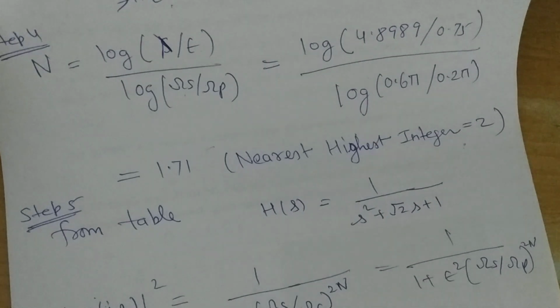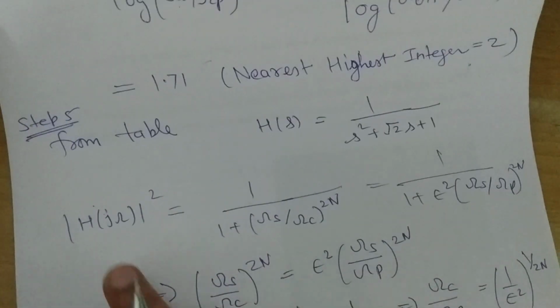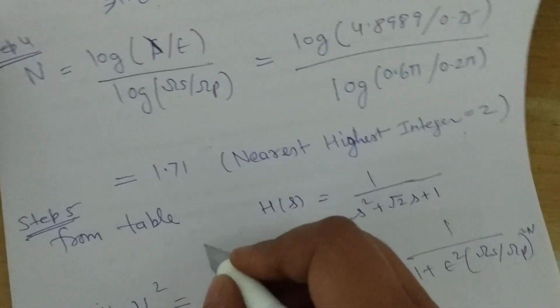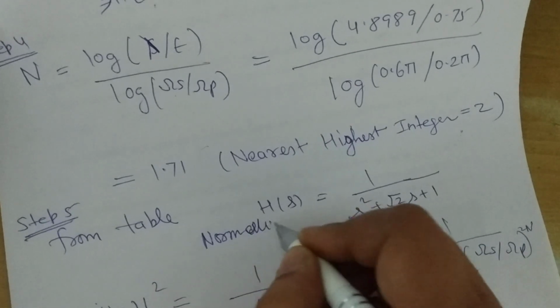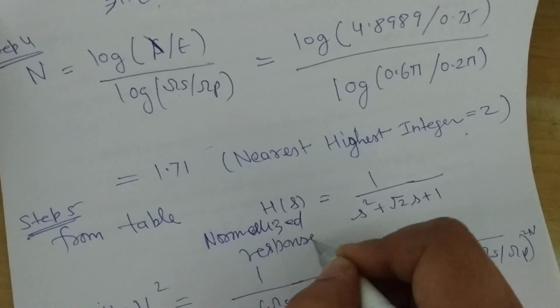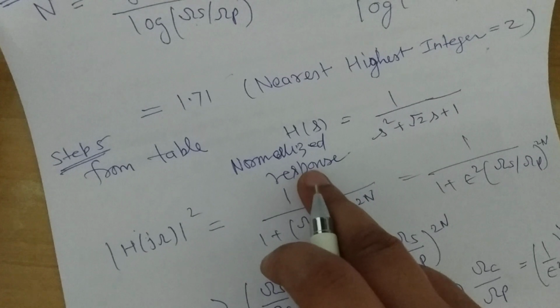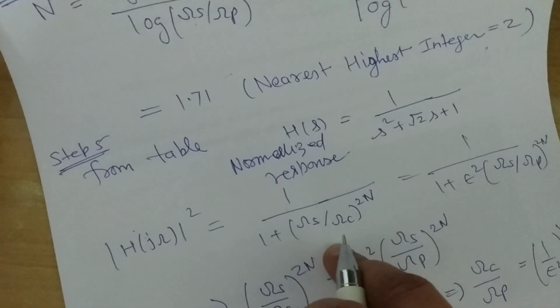Now this H(s) will be equal to 1 upon this. Because this is a normalized response, first we have to calculate the actual response. In order to find the actual response, you should know the cutoff frequency.